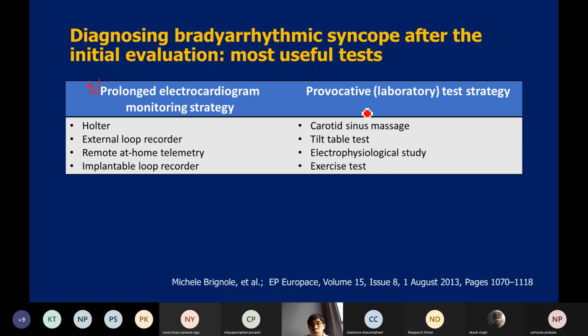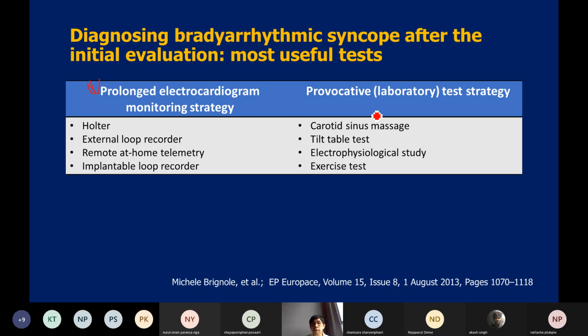The second strategy that you could do is called a provocative test study. If you take the history and have some clue that certain activities lead to the patient's symptoms, you give them a test to provoke the symptoms, and you monitor the ECG during the test, and you would likely see some abnormality in the ECG.